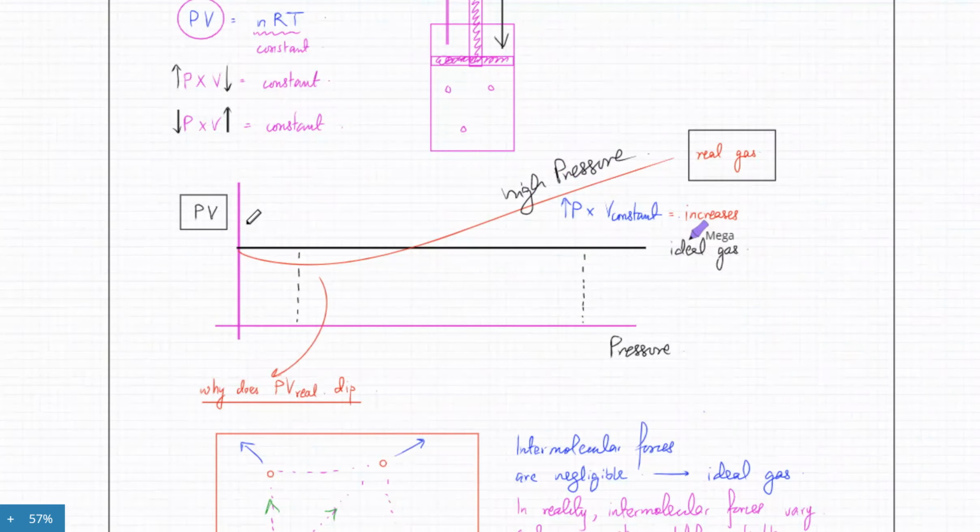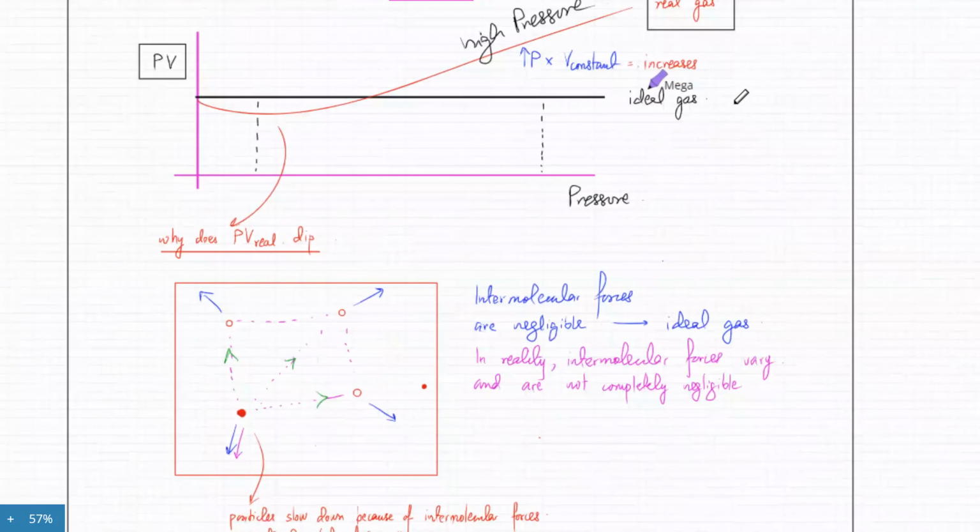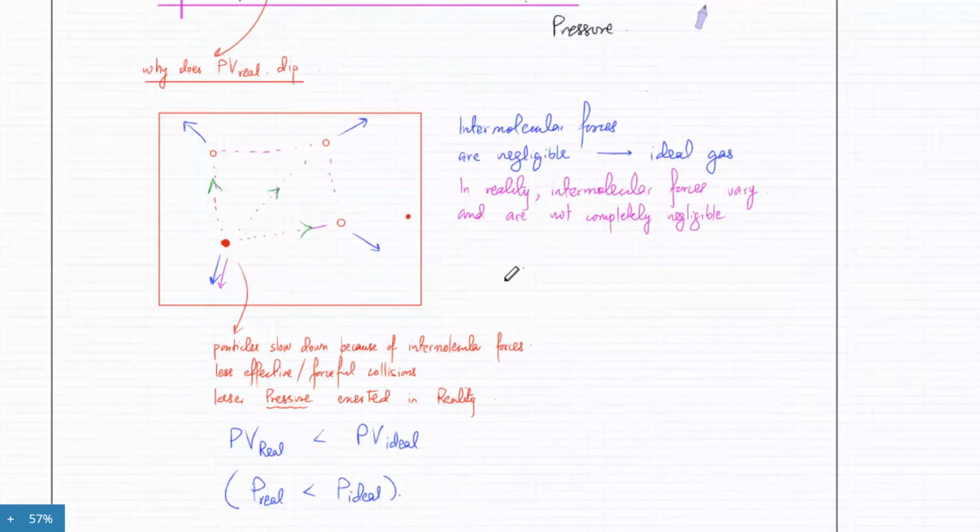But a real gas takes this shape. What goes wrong at low pressures? At low pressures, we had assumed that gases don't have intermolecular forces, or that they were negligible. But a real gas is going to have intermolecular forces. They're going to attract each other.